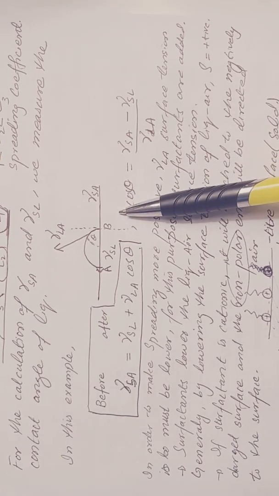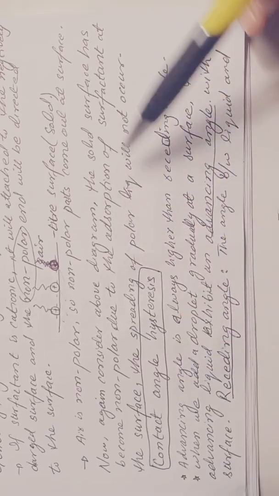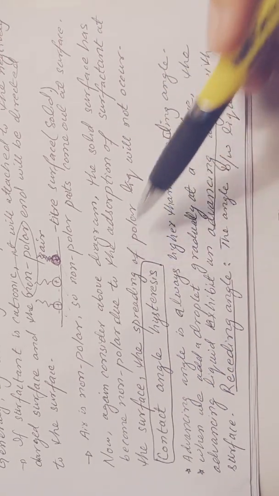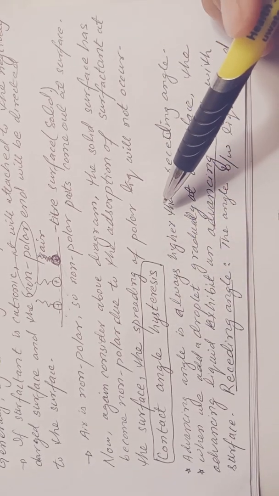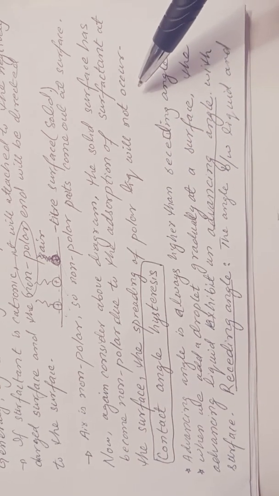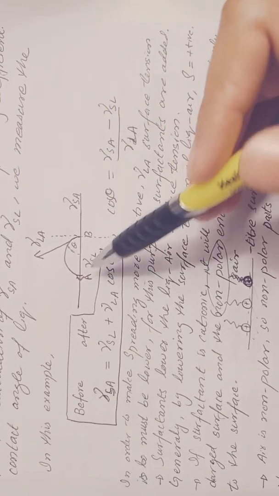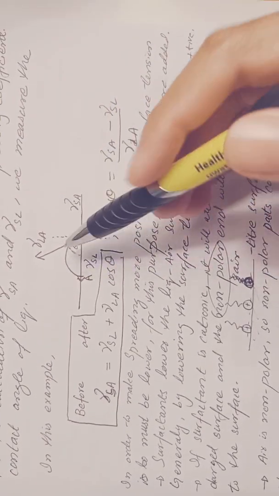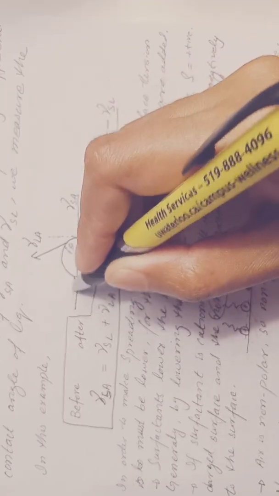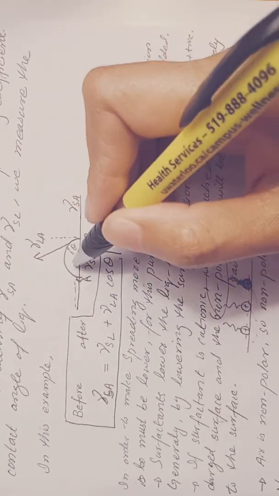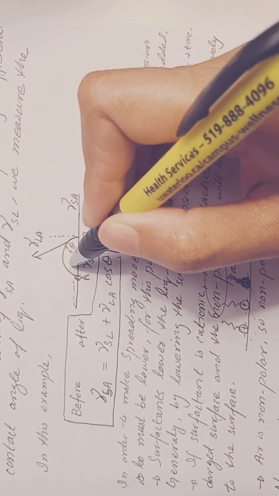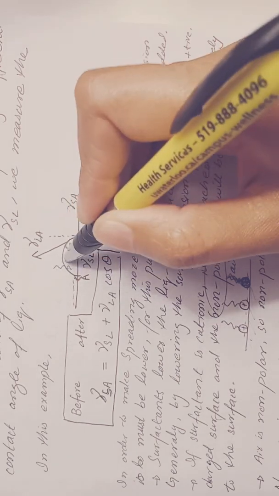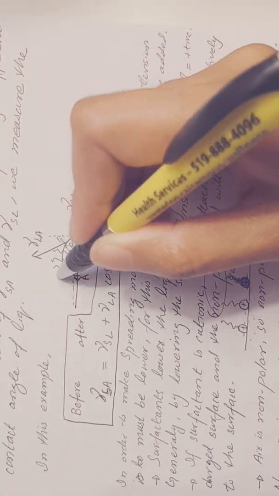Now again consider this diagram. The solid surface has become non-polar due to the adsorption of surfactant at the surface, and the spreading of the polar liquid will not occur. It means that if you have this diagram, this one is the negatively charged surface, and you have poured a surfactant solution. So in this surfactant solution, you have spreading like this.